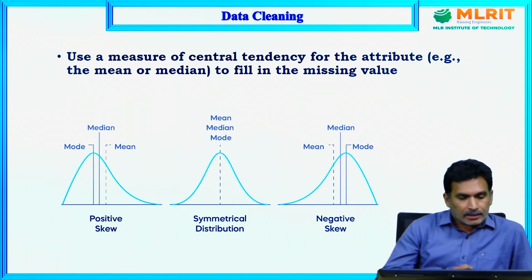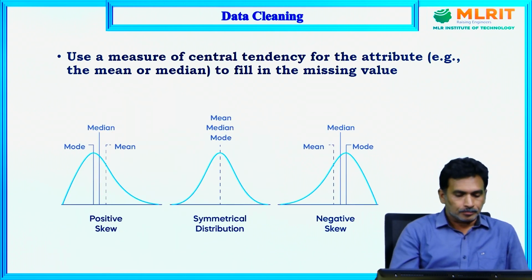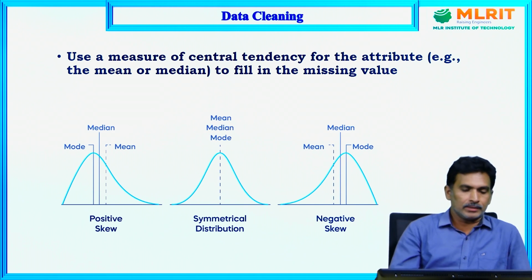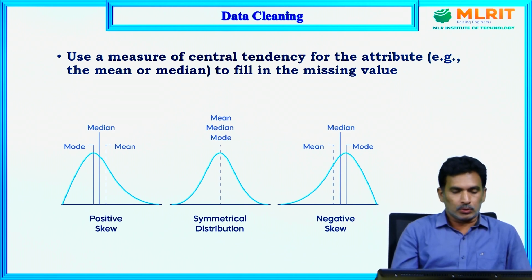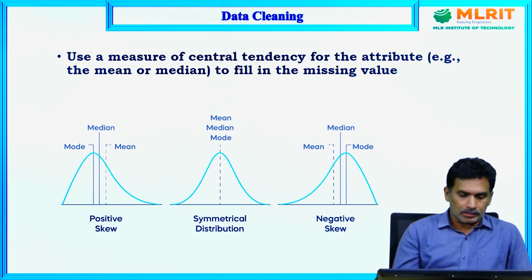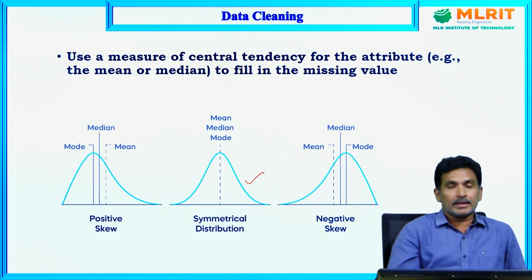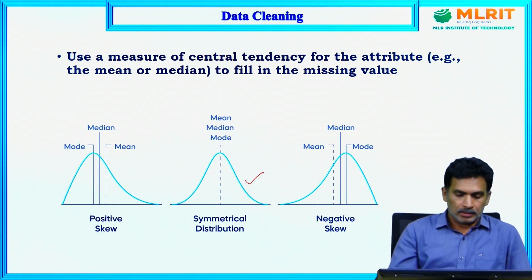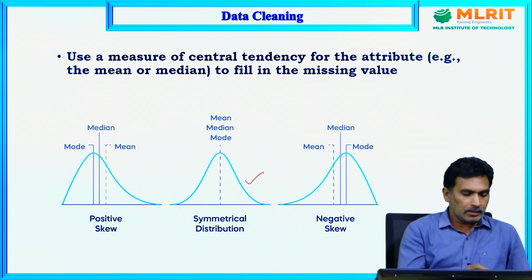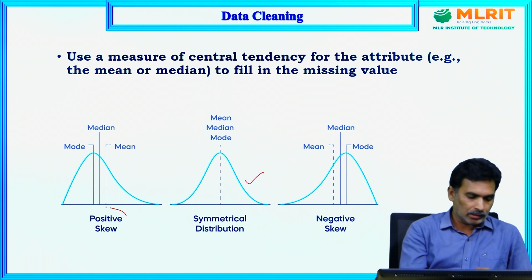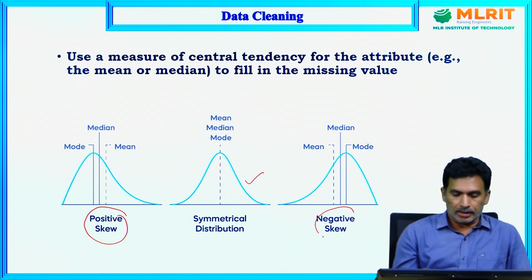Next, another method that is very, very important is to use a measure of central tendency for the attributes, for example mean or median, to fill the missing values. Here you can see the data distribution. If the data distribution is symmetric like this, then we could say the data is following the normal distribution, and here you can see skewed data, whether left skewed or right skewed.